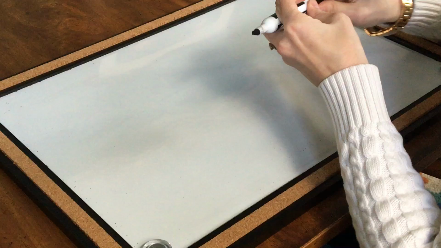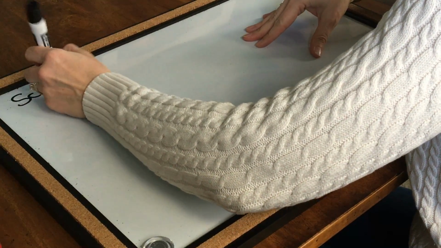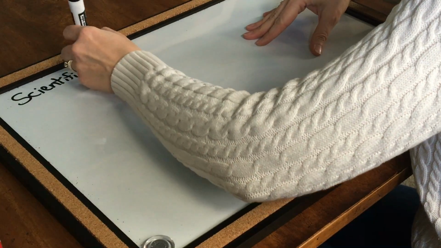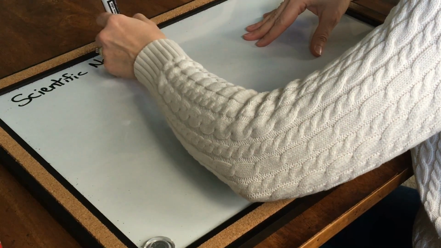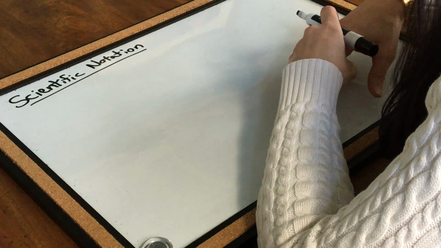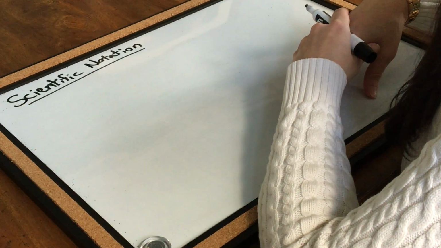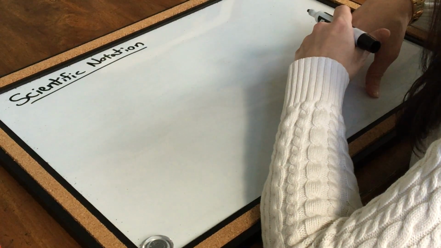Okay, so let's do a quick reminder of what scientific notation is. Scientific notation means that we have a number between 1 and 10 that's multiplied by a power of 10.